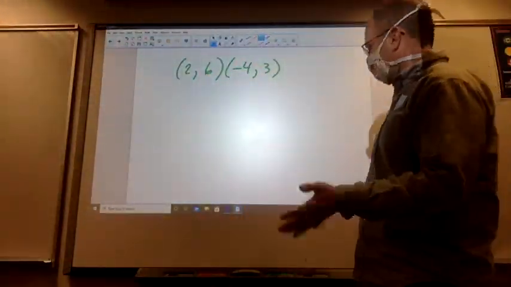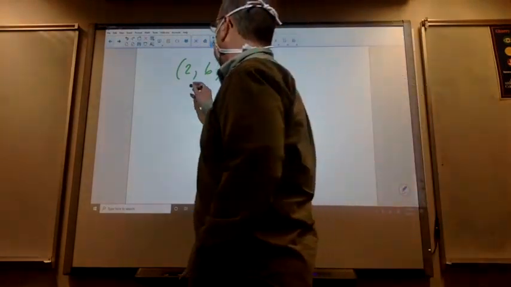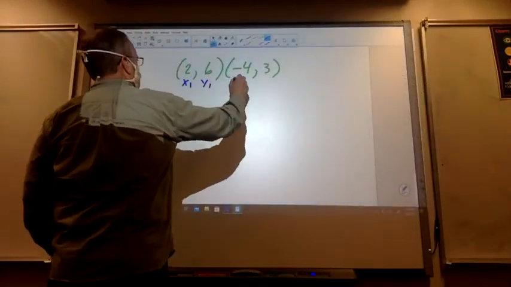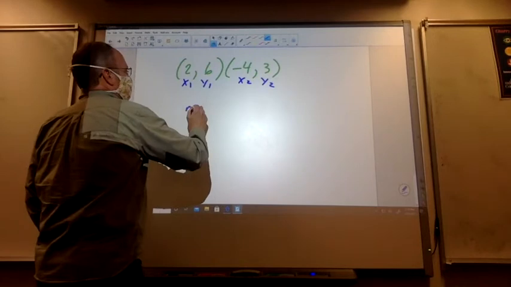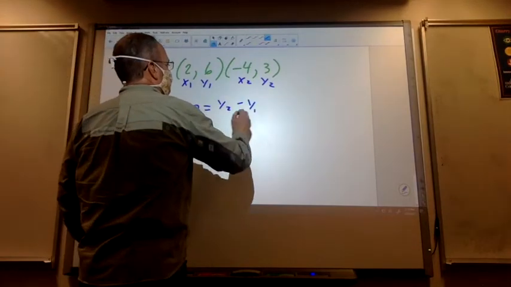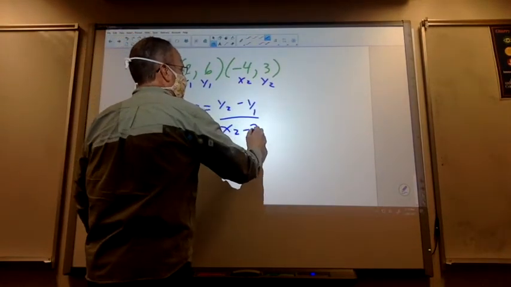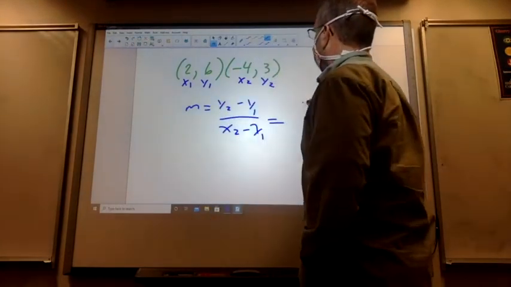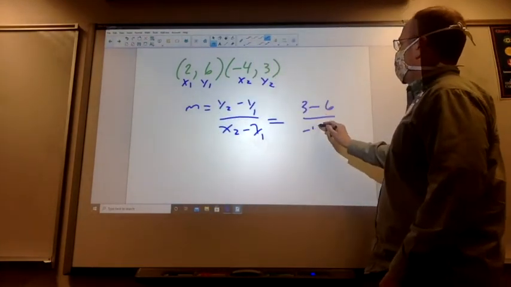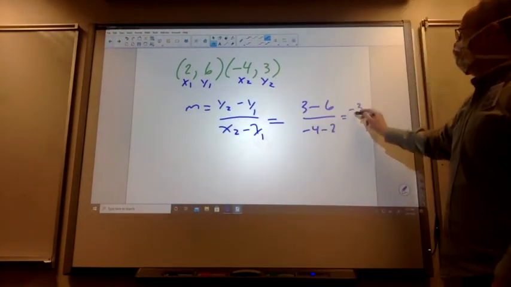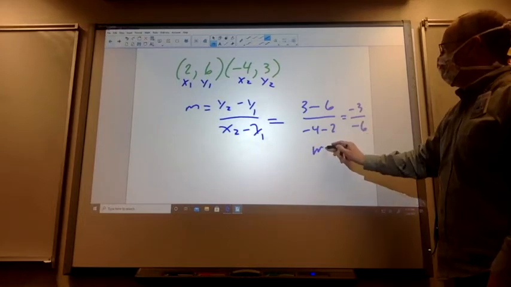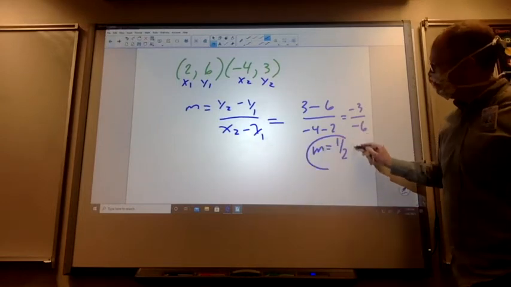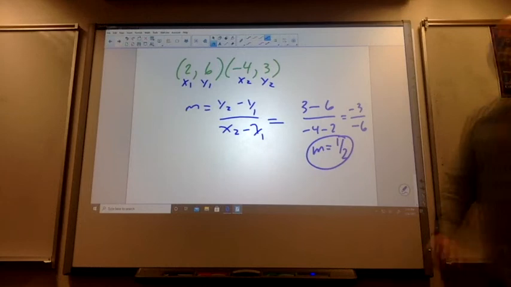All right, so first one, they just want us to find the linear equation. So x1, y1, x2, y2. Slope is y2 minus y1 over x2 minus x1. So I get 3 minus 6 over negative 4 minus 2 equals negative 3 over negative 6, so I get a slope of 1/2. Find the equation.